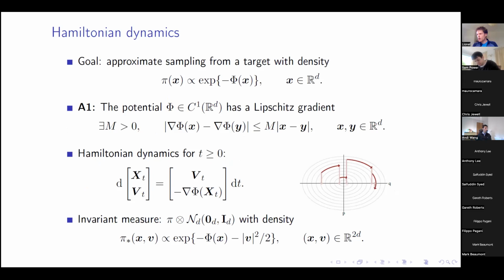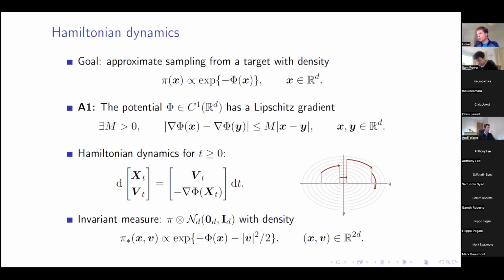So, the general goal of MCMC algorithms, I'm sure you all know, is to sample approximately from the target distribution. Here we are going to assume that this target distribution has density with respect to Lebesgue measure on R^d. And this density, we also are going to assume is positive everywhere, and it is differentiable, and its gradient is Lipschitz smooth. Okay.